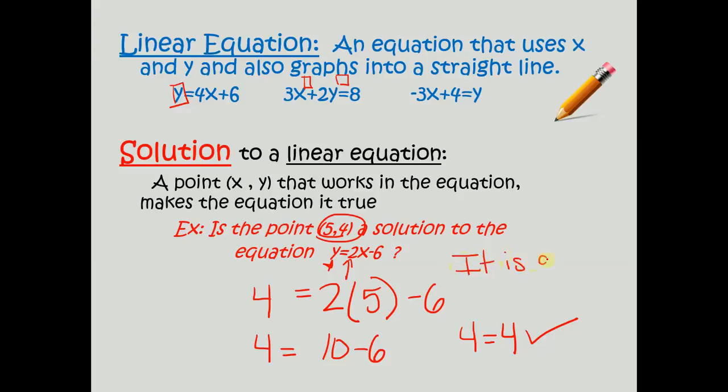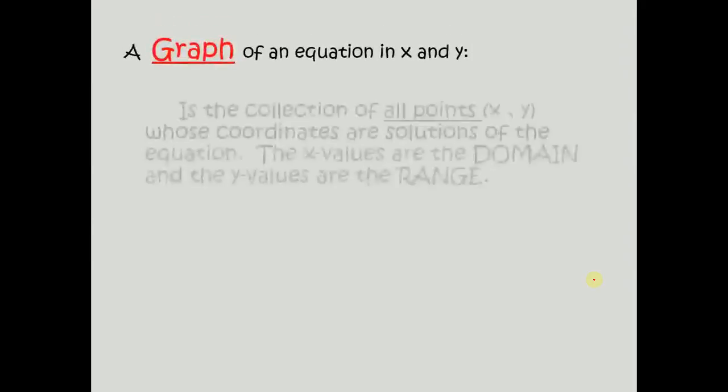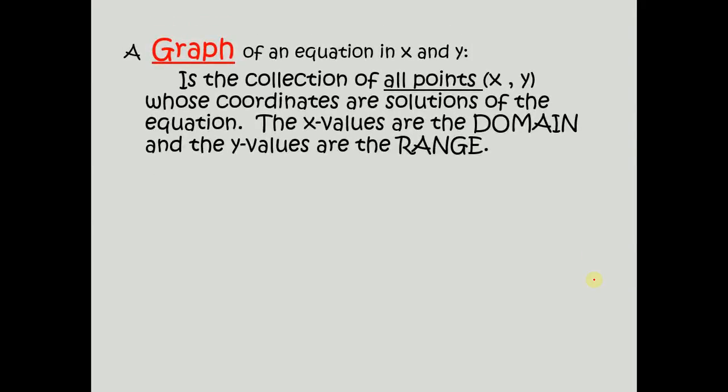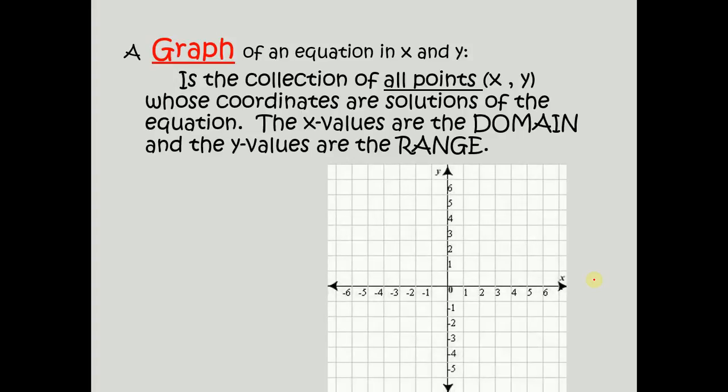It is a solution. Now, how many solutions are actually located on a linear function? Well, that is actually infinite, because if I graph a linear function, it is the collection of all the points that are solutions. X values being their domain, y values being the range.